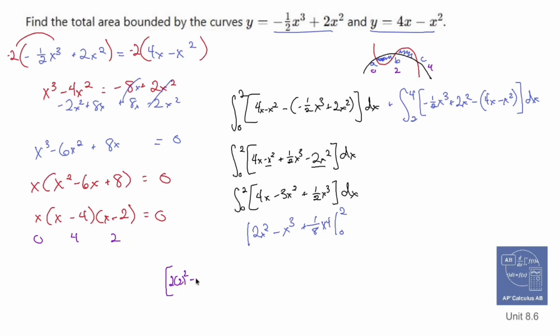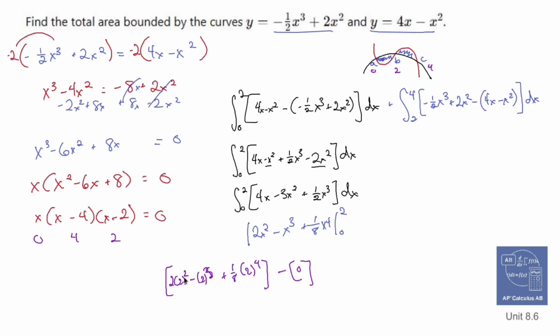2 squared minus 2 cubed, plus 1/8 times 2 to the 4th, close it, minus... I'll just get 0, because if I plug in 0, I'll get 0, so we'll leave that as that. Okay, let's make life easy.